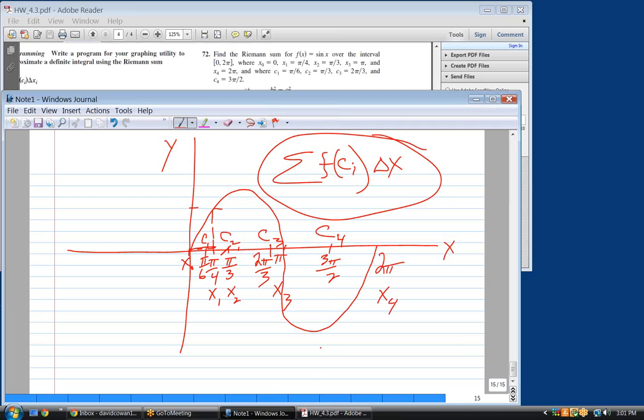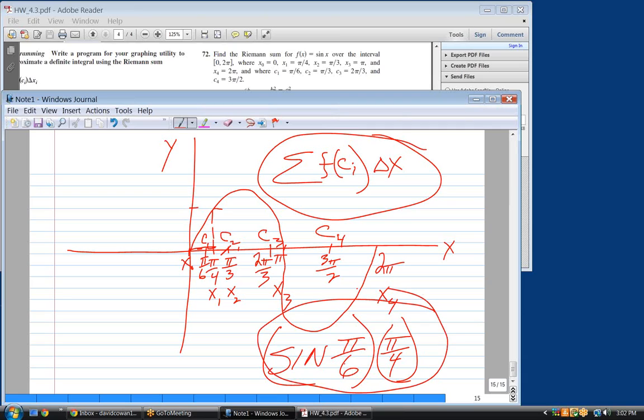So the first c sub 1 is pi over 6. So we're going to take the sine of pi over 6, that's the height of that rectangle, multiply it by delta x, which is pi over 4.